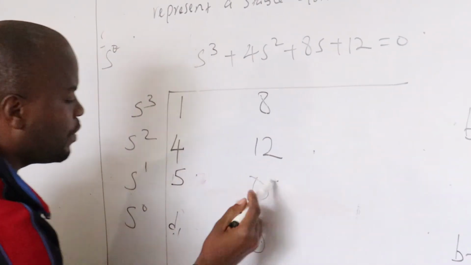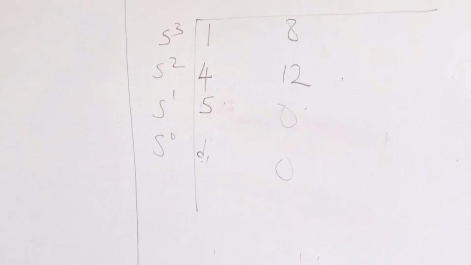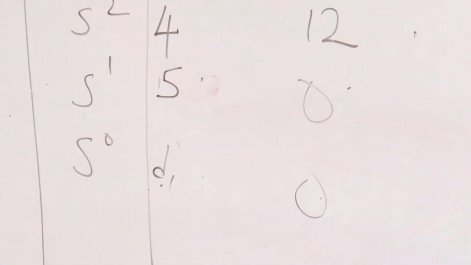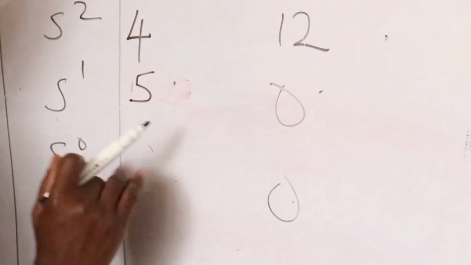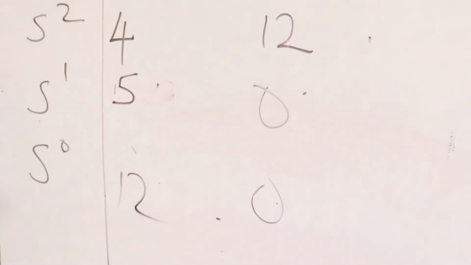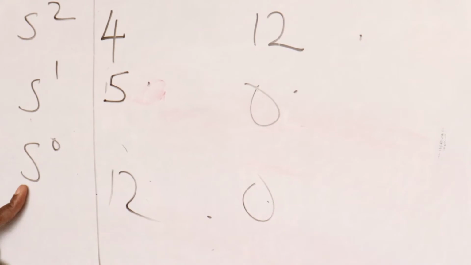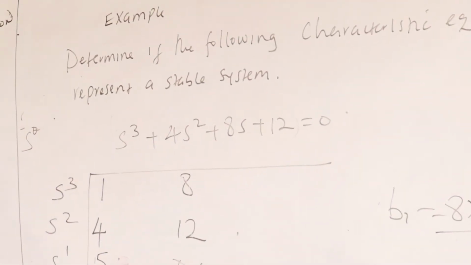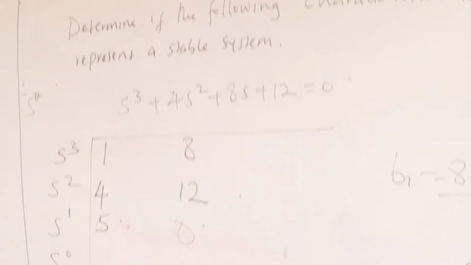You say that. What of D1? D1? D1 is 12. So you don't need to calculate D1. S raised to power 0 will always be that. But if you want to calculate, you can still calculate. There is no problem.